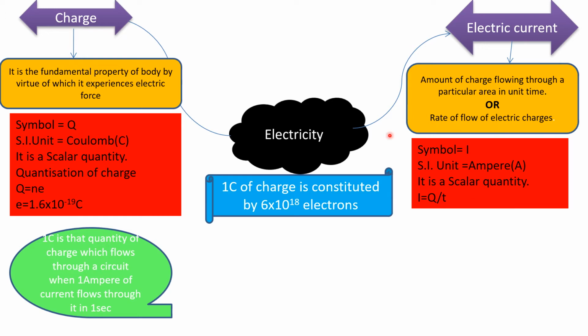Based on the definition, the formula becomes rate, meaning divided by time. Rate of what? Charge. So the formula is Q by T.